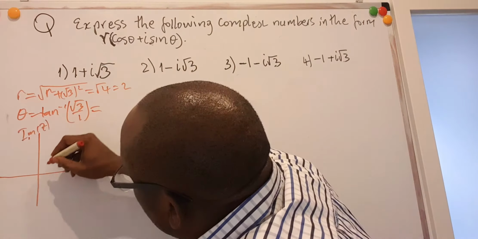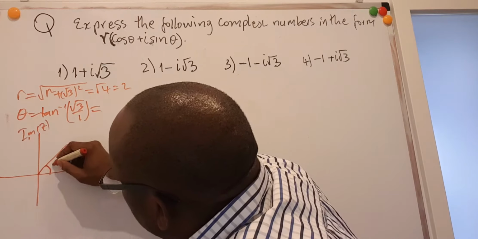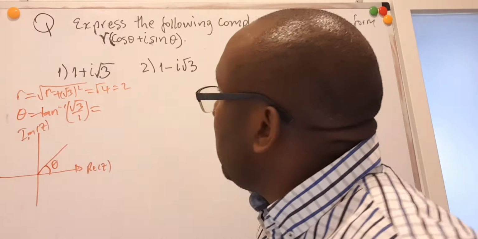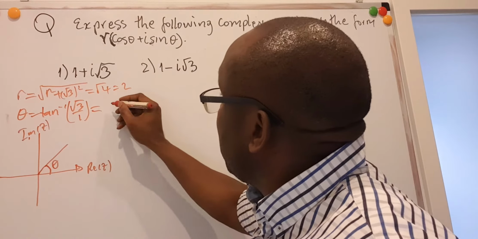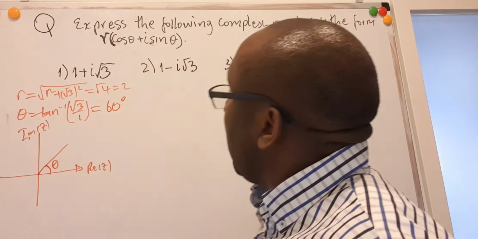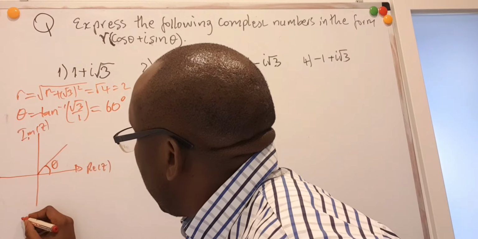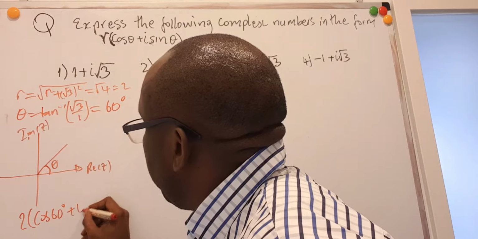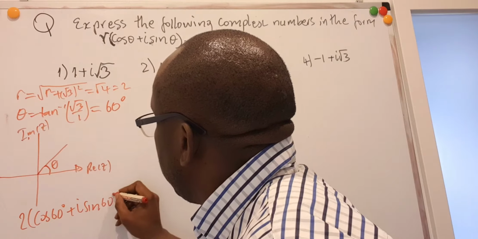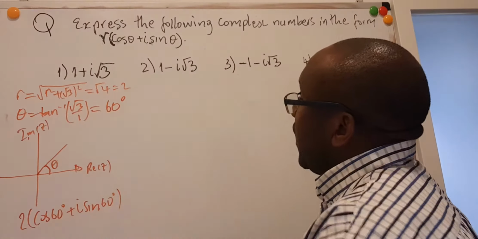So we are in the first quadrant, and the angle we are looking for is theta, an acute angle. We've already seen in one of the videos that this is just 60 degrees. In that case, we can express it as 2 cos 60 degrees plus i sin 60 degrees. So this is the complex number in that form.